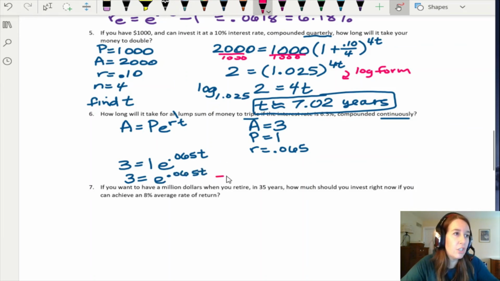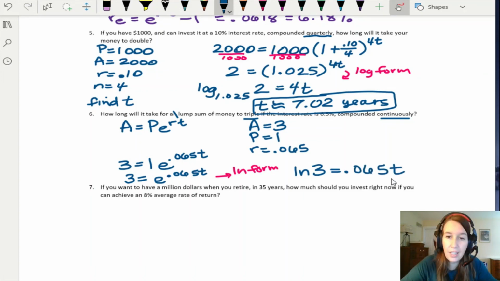Now we're going to need to change it into ln form. It's log form, but for natural logs, for e. So that would be ln of, and remember e is the base, so you don't have to write that, and then switch the other two places. ln of 3 is equal to 0.065t.